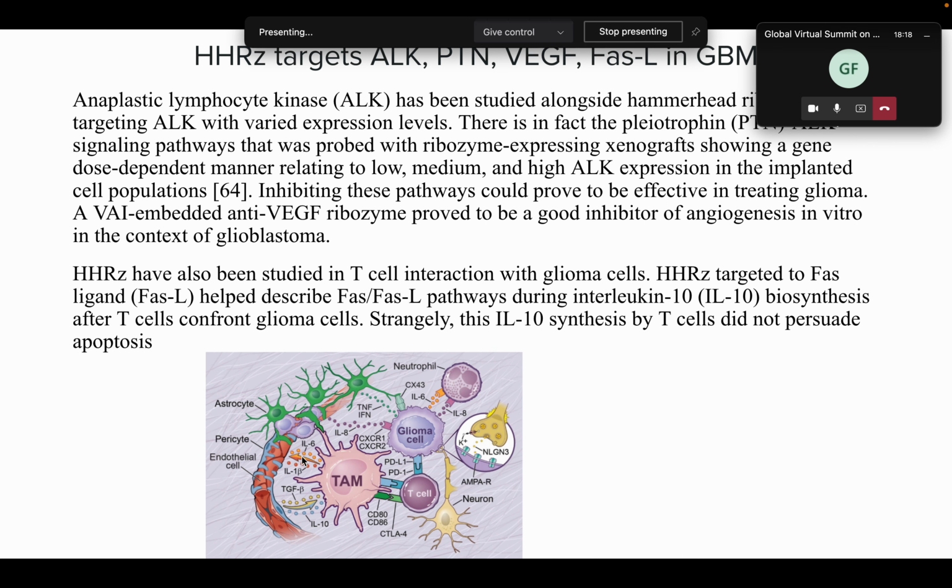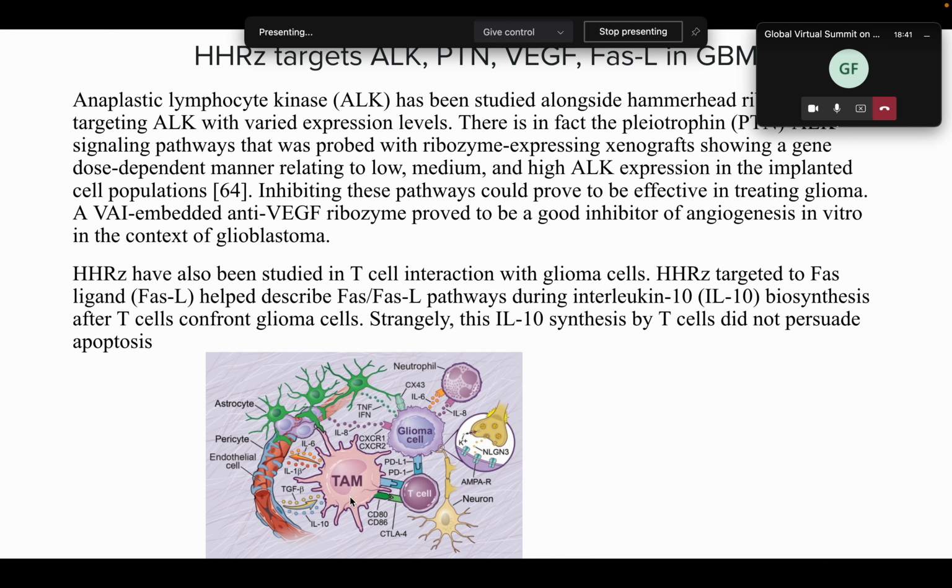So here you see the context. The blood-brain barrier constitutes the pericytes, the endothelial cells, astrocytes, and neurons. But you also have the neuroimmunology. So you have the macrophage here and the glioma cell as well as the neutrophil coming into the brain.